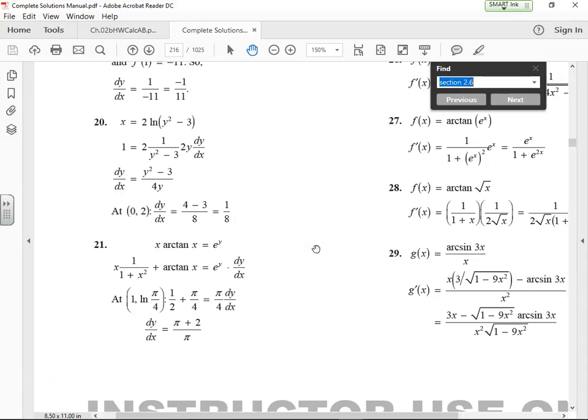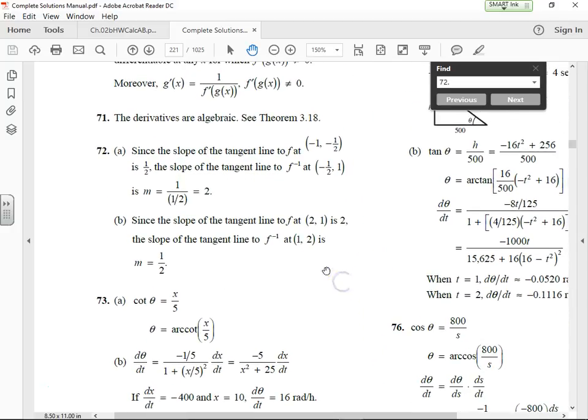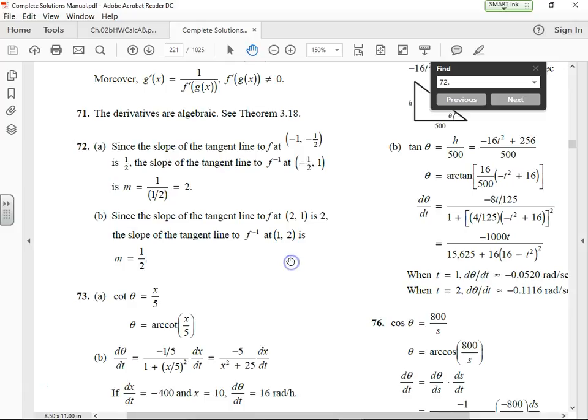72 is next. You have to look at the graph. Aren't you just doing the reciprocal slope? Yeah. If the slope of the original is 1/2, the slope of the inverse is going to be 2 instead.